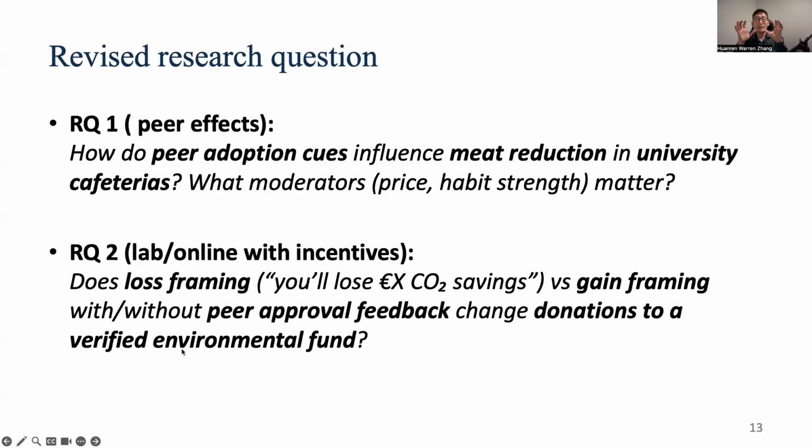And here, the researcher is trying to investigate two factors. One is the framing, gain versus loss, and the other is peer approval feedback, right? So the researcher would want to investigate these two factors together in one study.